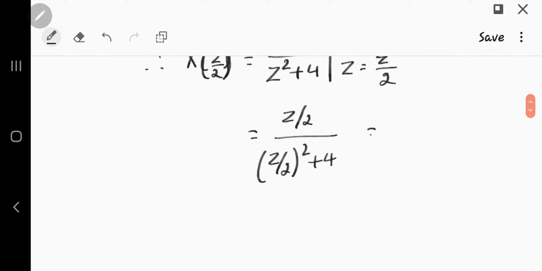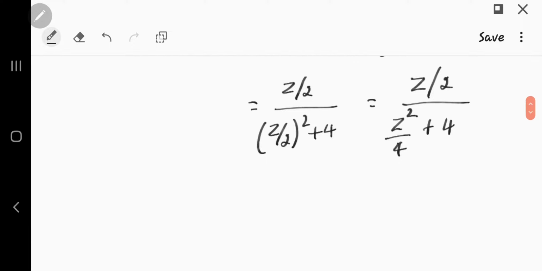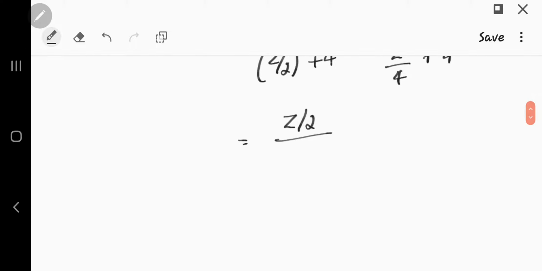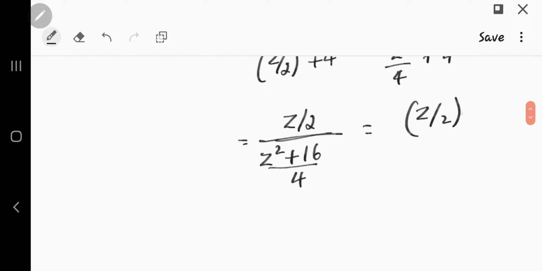That gives z by 2 divided by z square by 4 plus 4. Now for the simplification, you can take this 4 as the LCM. That gives z square plus 16 divided by 4, which gives z by 2 into 4 divided by z square plus 16.